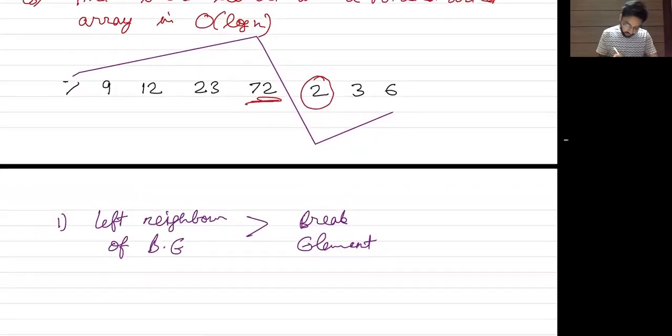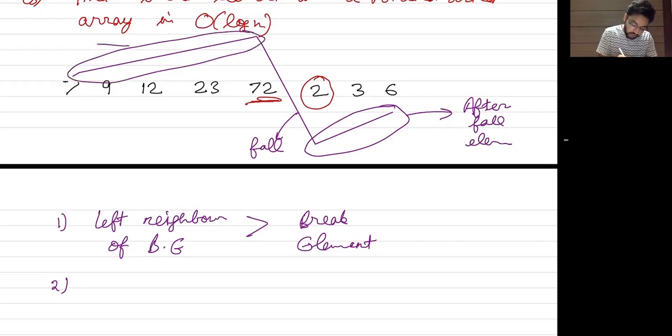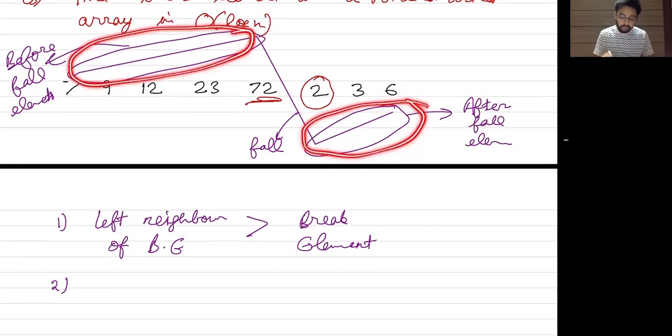The other pattern which I can notice is, let's say I call it the fall, and I call these elements after the fall the after-fall elements, and these elements I call the before-fall elements. Another thing which I can notice is that all the after-fall elements are lesser than the before-fall elements.